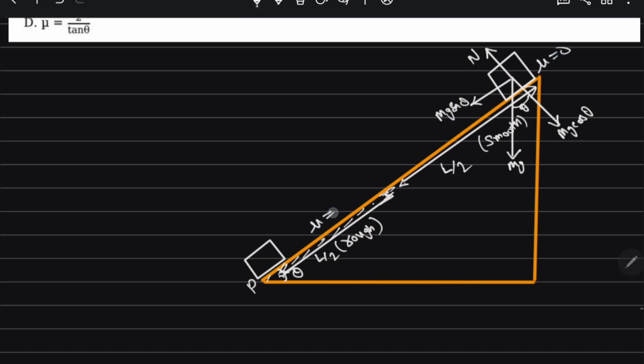Here mu does not equal 0. Here mu is equal to 0 till this position. So what we do for the smooth part? For the smooth part, we apply the equation of motion v square is equal to u square plus 2as.